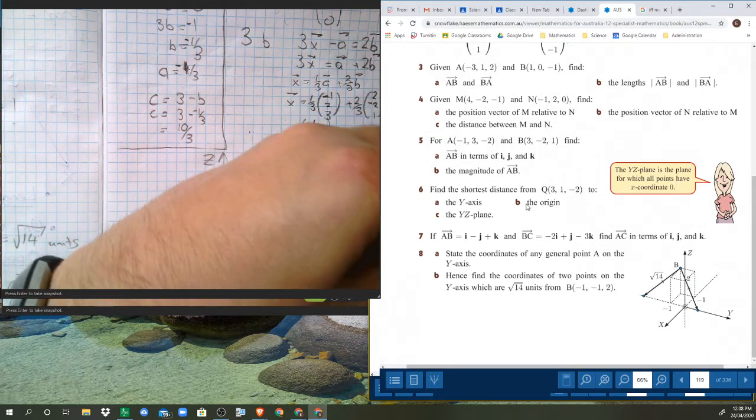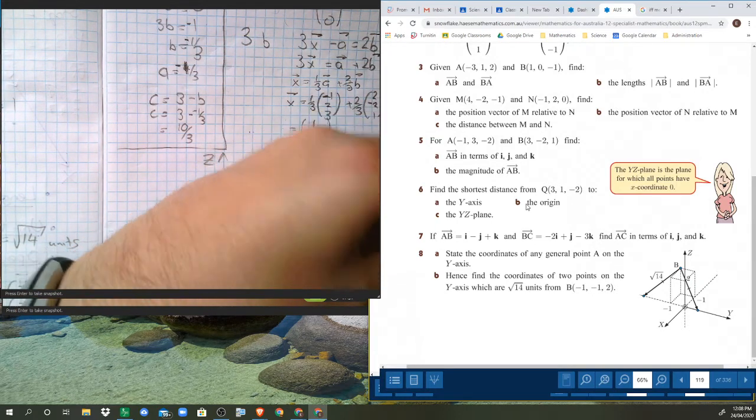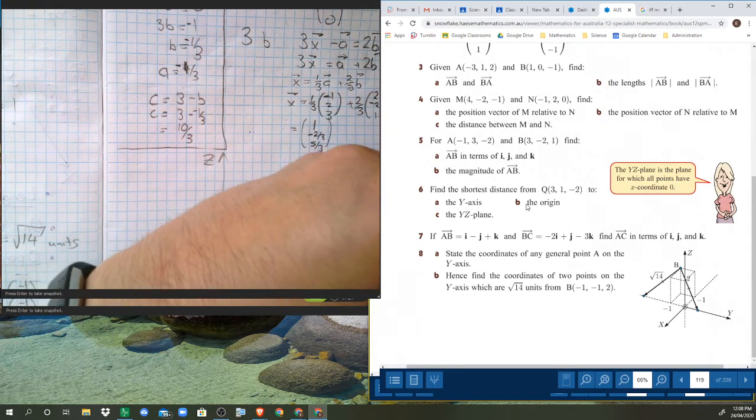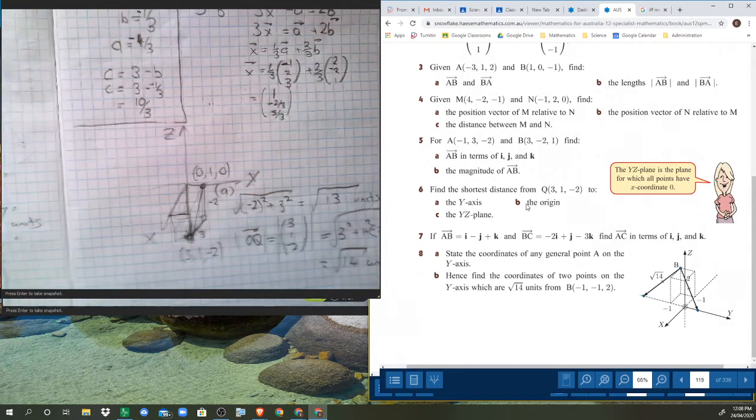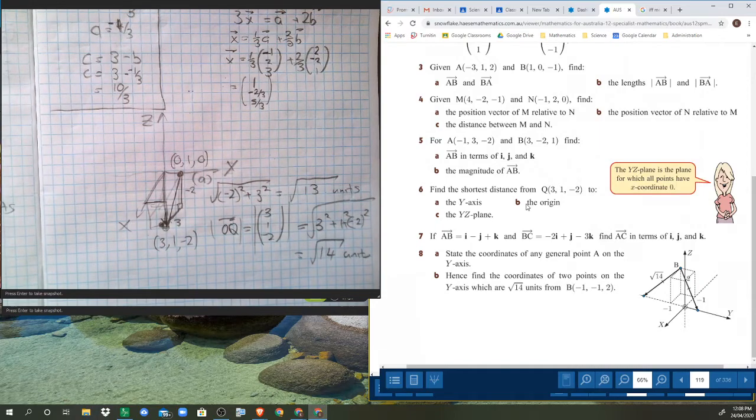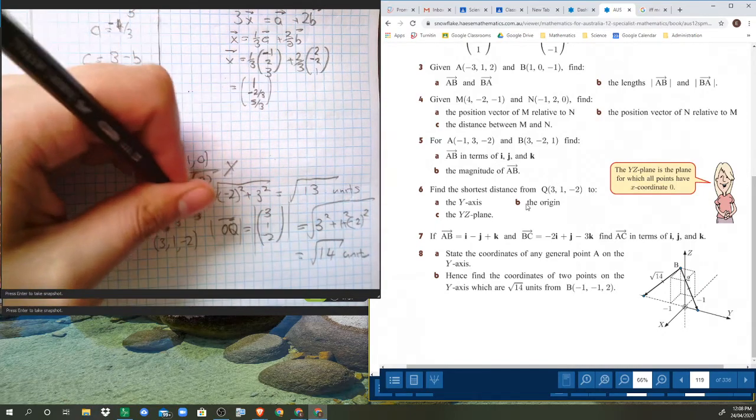So 9 plus 1 plus 4 is root 14. Okay, sorry, didn't quite see that, did you? Yeah, so that's B.